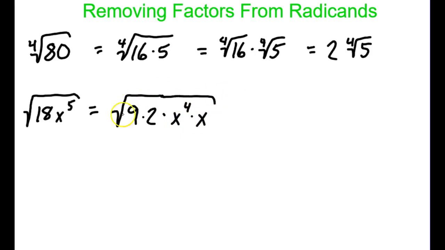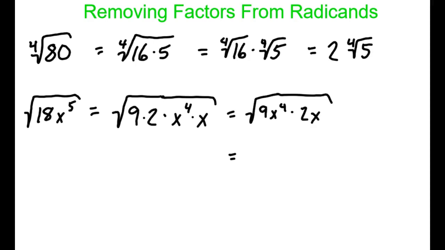The reason we're going to do that is because if this is an even index, that will go into x to the fourth evenly and create a perfect root that we can cancel out. So now if we do some rearranging, the 9 will simplify and the x to the fourth will simplify. So I'm going to combine those together. So I have 9x to the fourth times 2x.